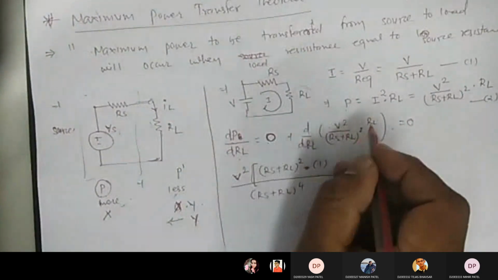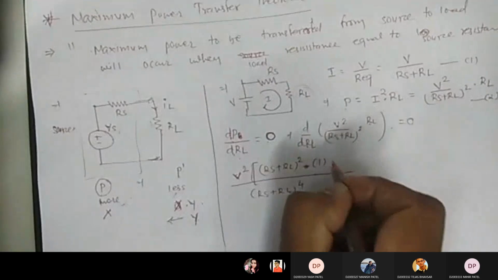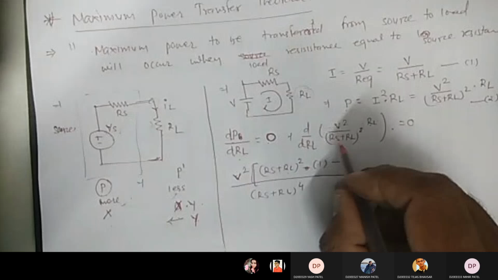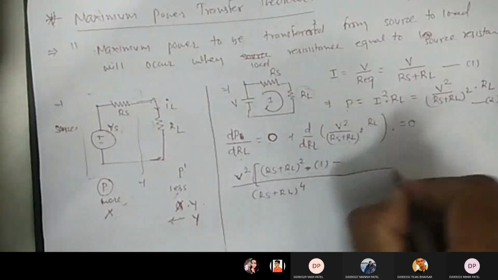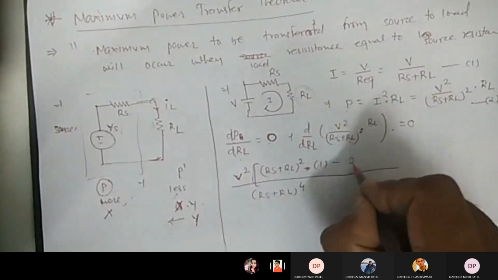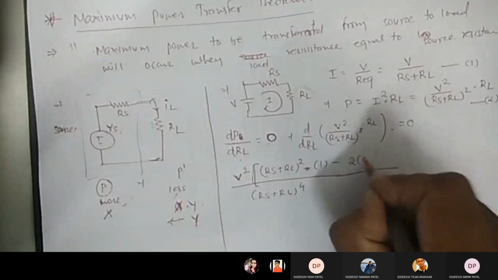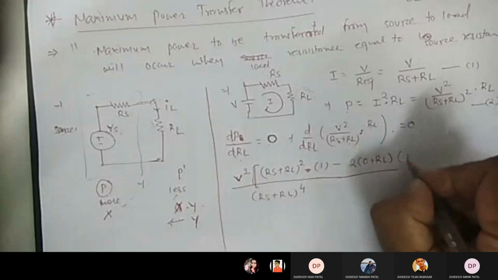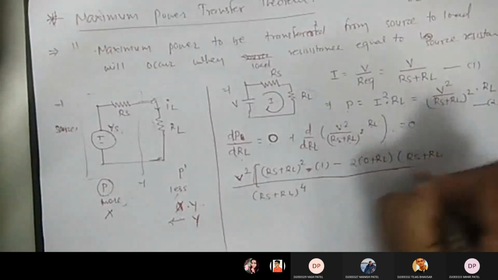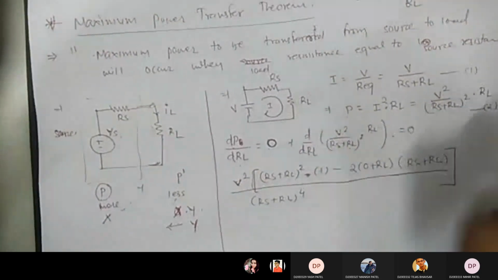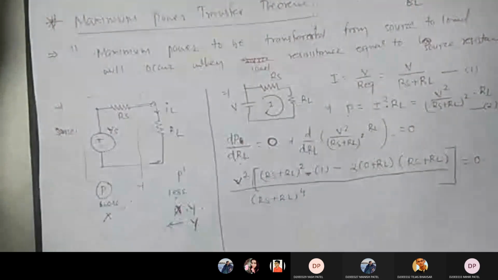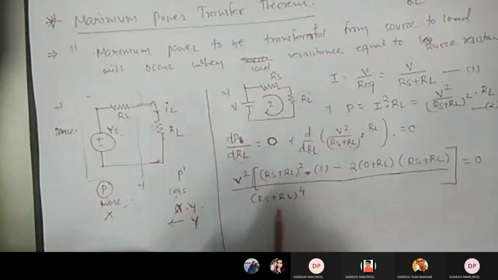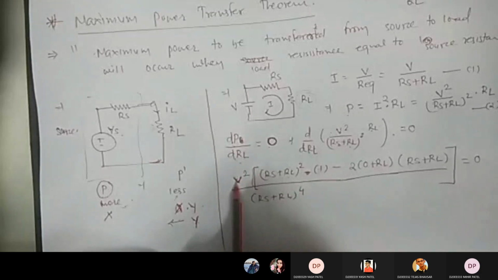Then we have 2 terms, minus the differentiation of the denominator. Differentiating with respect to RL, V square is kept as it is.